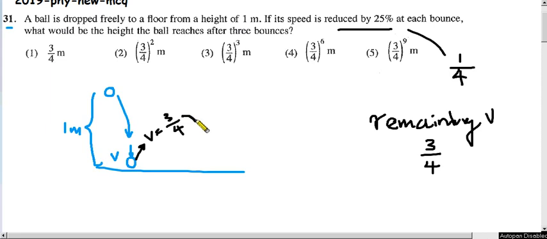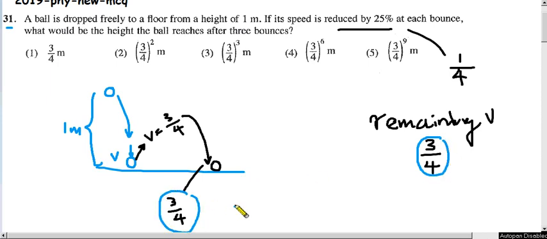Then it again strikes the ground with the velocity. What is the striking velocity? The same, this one. So striking velocity is 3/4. What is the bouncing velocity? Bouncing velocity is 3/4 of the early velocity, whatever it is. The early velocity was 3/4.